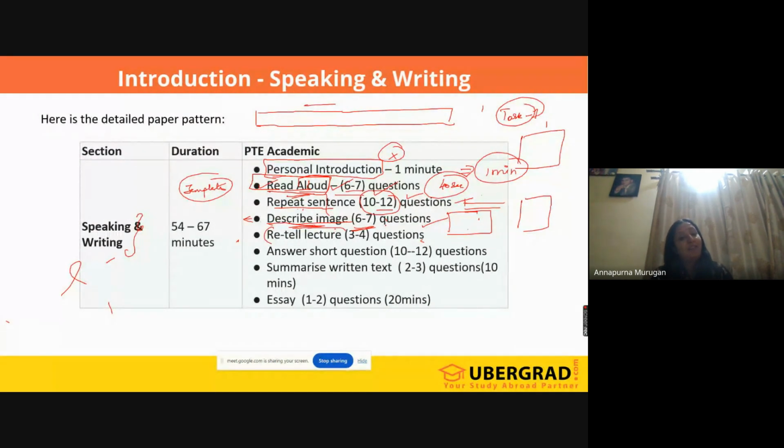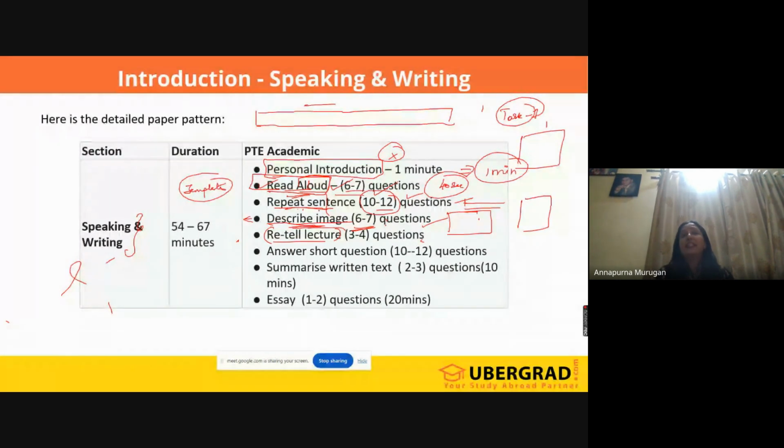And then we have Retell Lecture. That means you will listen to a lecture, a person speaking on some topic, and you need to summarize and tell it. Retell lecture means you don't need to repeat every word and every sentence, just like repeat sentence.